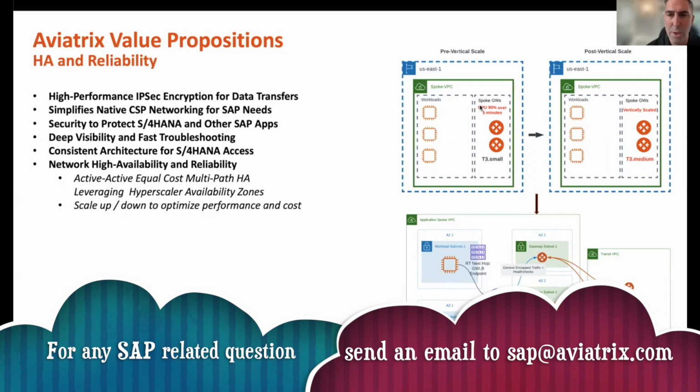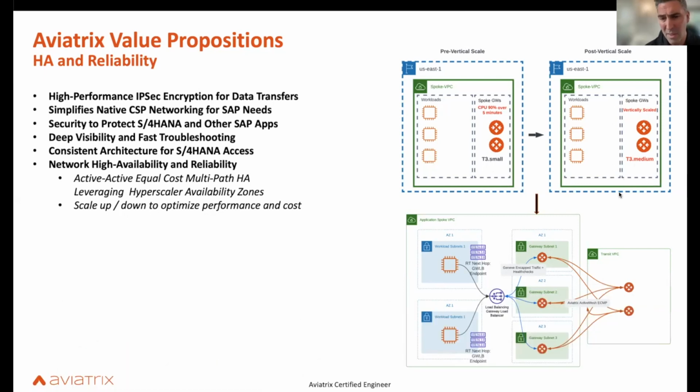So if there's a situation where the CPU is at 90% over 5 minutes, you can scale from a T3 small to a T3 medium. This is what we call vertical scaling. The other option is to do horizontal scaling. So in AWS, we would deploy, as part of the infrastructure, a gateway load balancer, right?